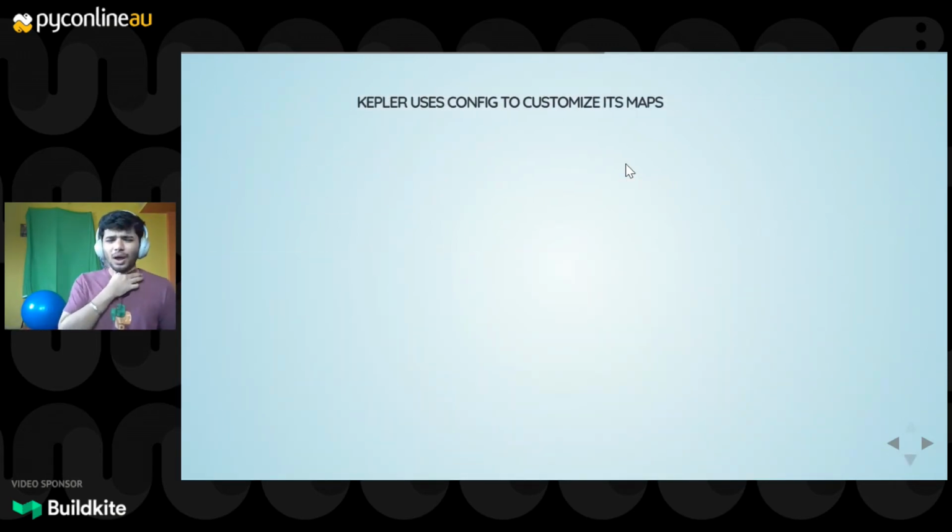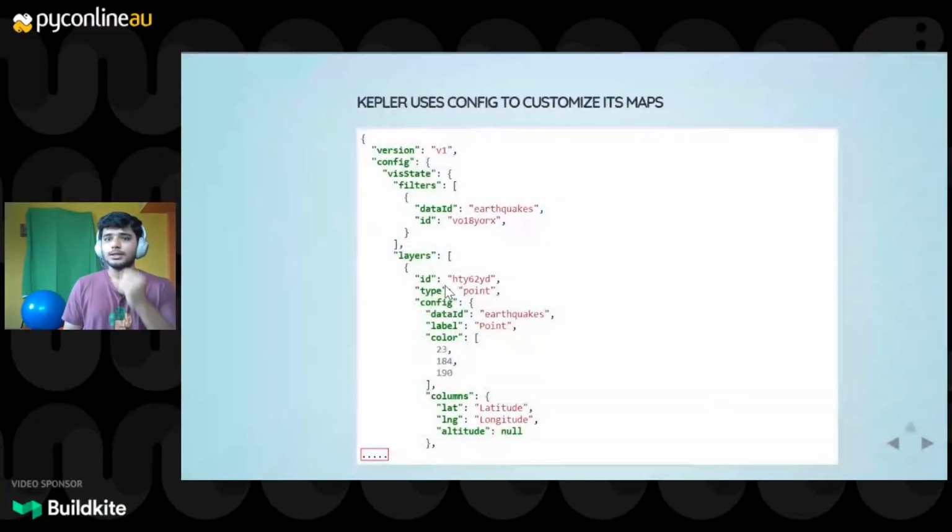Now, one thing that is really cool about Kepler is that it uses configs to tune its map, and when you're using a config, that means you can customize it. So it's really super flexible. This is a config that is used in Kepler, an example one. It has several attributes that you can tune.